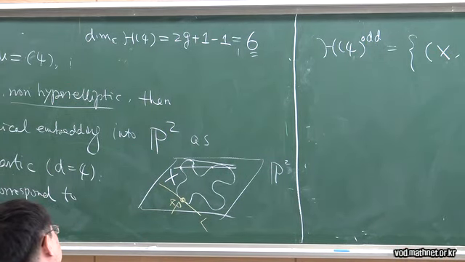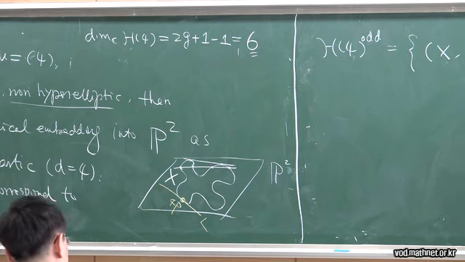So this is a description of the other locus. Let's count dimension. Once I know this dimension is also 6, then at least it would provide an extra component, because I already assume X is not hyperelliptic. I discussed the hyperelliptic case, and certainly these two would not intersect each other. If I get equal dimension 6, then I'm done.